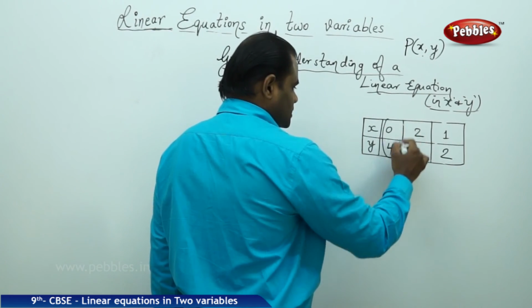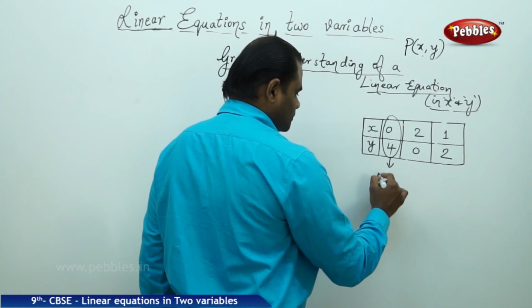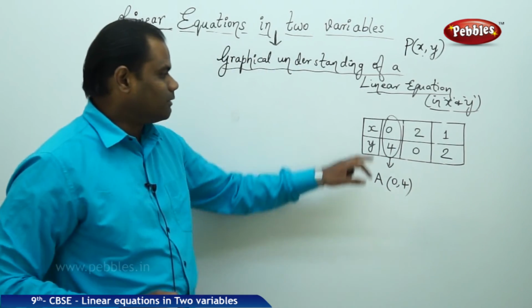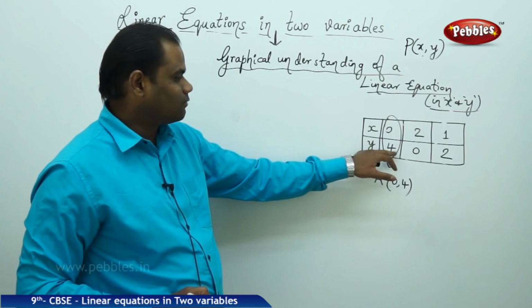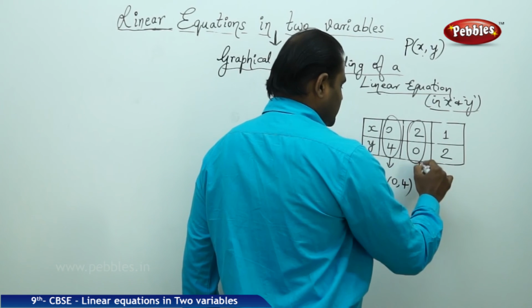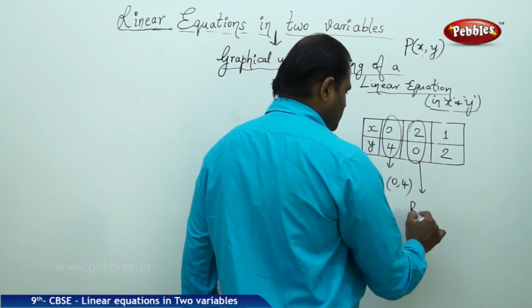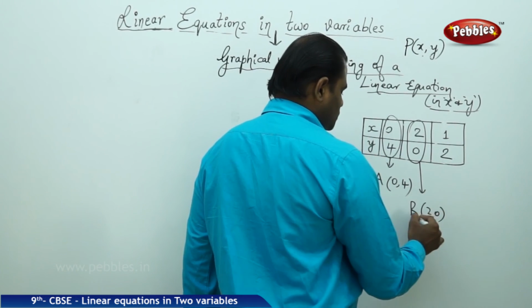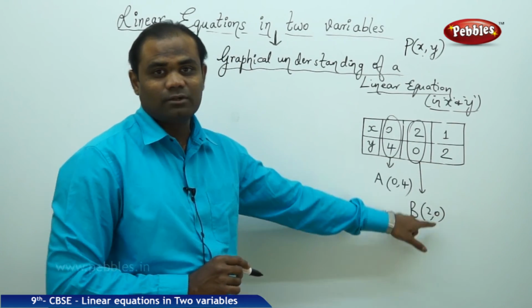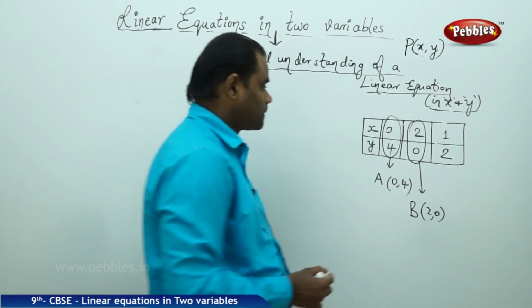So let's see how each of the coordinates is identified. The coordinates identified through the first column are A, 0, 4: the value of x is 0 and the value of y is 4. The coordinates identified through the second column are B, 2, 0: the value of x is 2 and the value of y is 0.